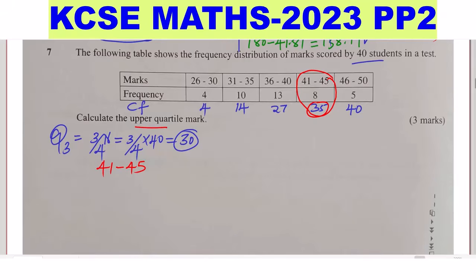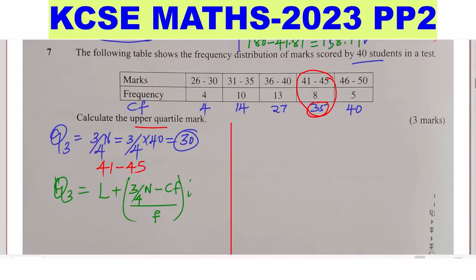Then from there, to get the upper quartile, we use this formula. The upper quartile, or Q3, is given by L plus 3/4 n minus CF, divided by F, multiplied by I. Let me explain what these are.